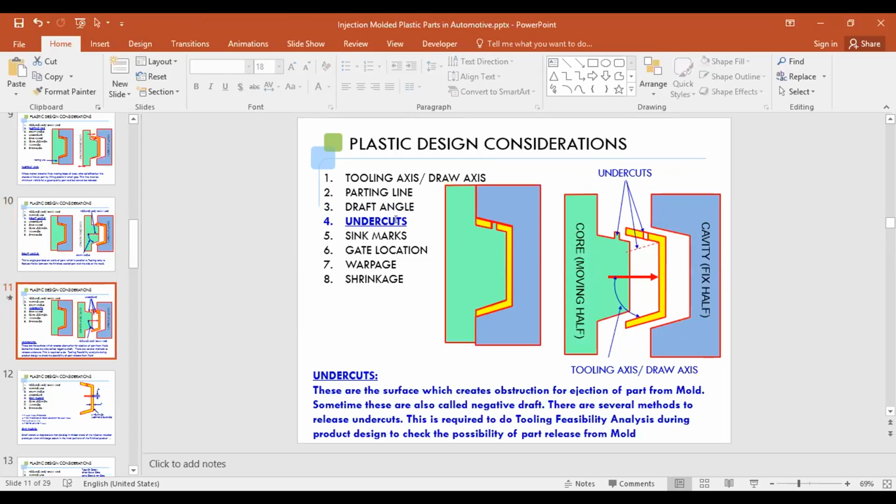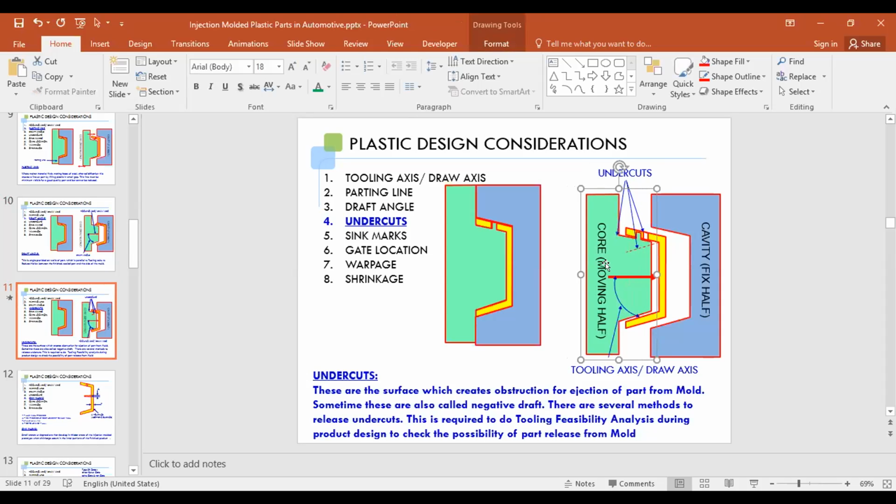Now comes to undercut. So what is undercut? You can see the small projections here in the core and this small projection hole in the part. Just try to imagine that this is in closed condition. What will happen when this tries to open, when the part tries to come out from the core?